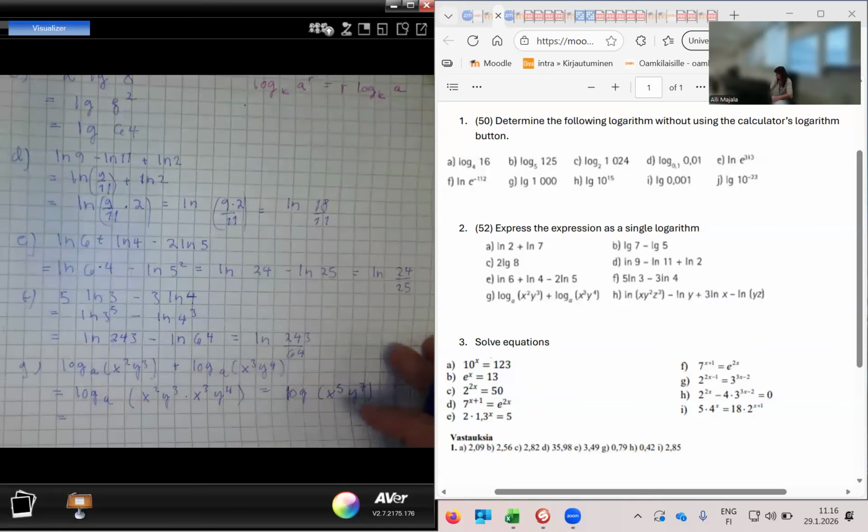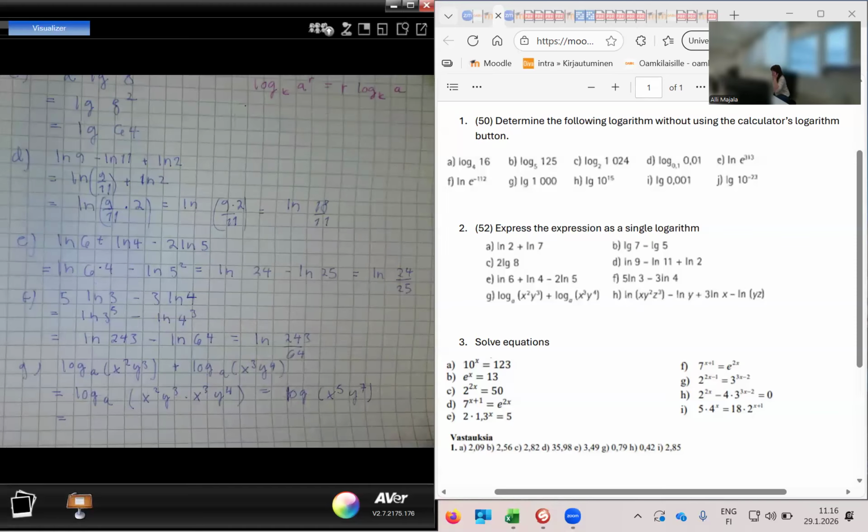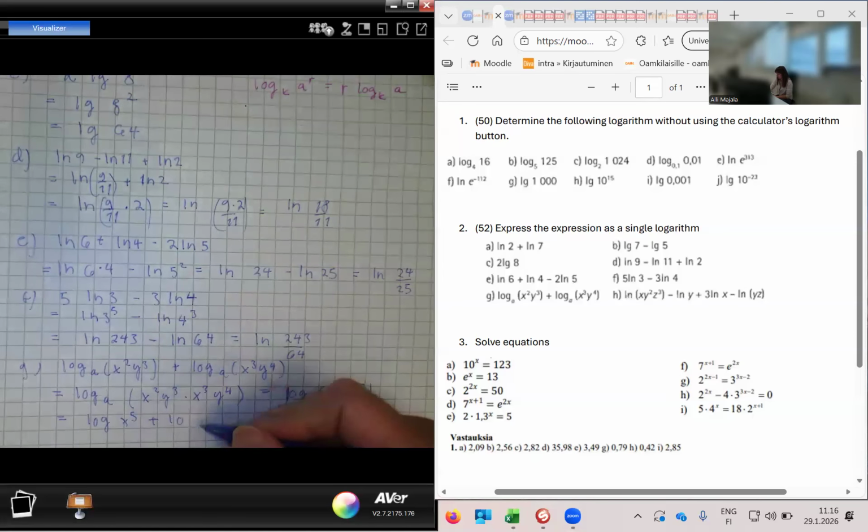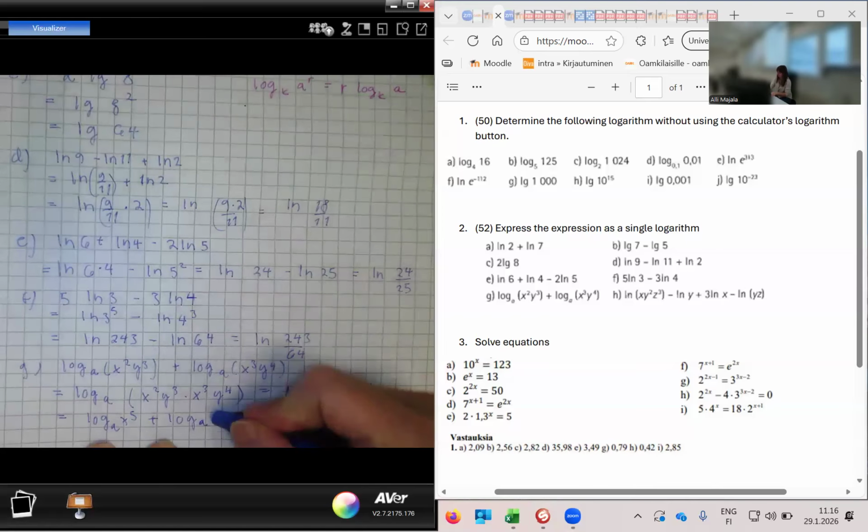No, it doesn't fit. But then I would have log X to the power of 5. It's log, I needed the R. X to the power, yeah, now it was the Y. 7.